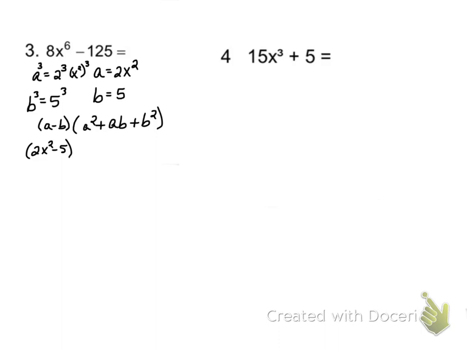I didn't factor anything out, so I don't have another number in front. Then a is 2x squared, and all of that is squared, plus a again is 2x squared, and b is 5. That's your a times b, plus 5 squared.